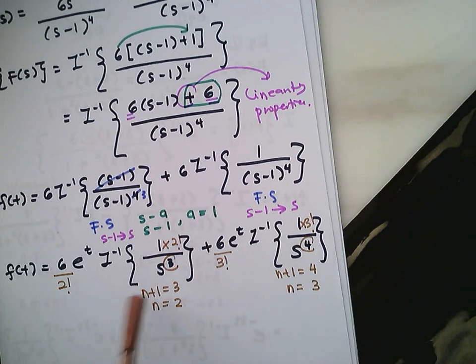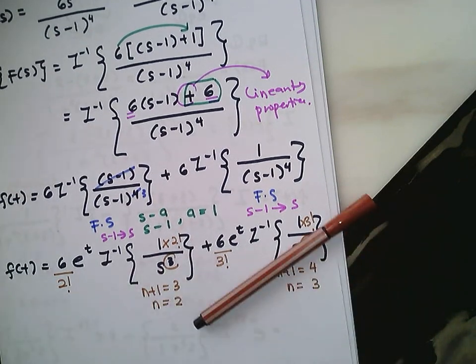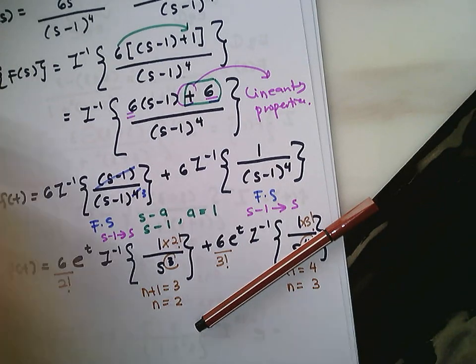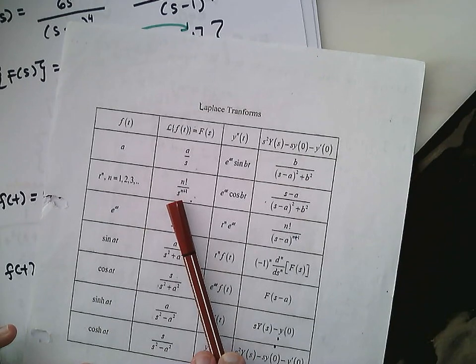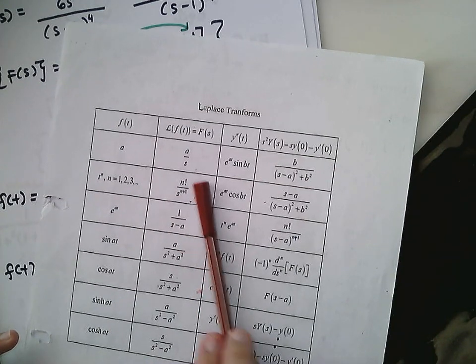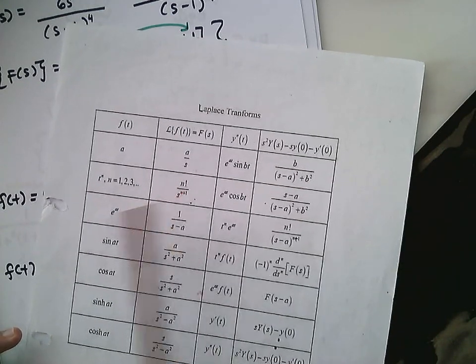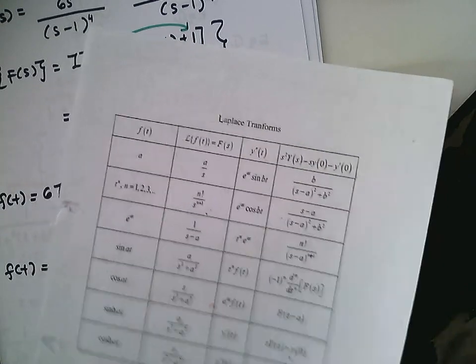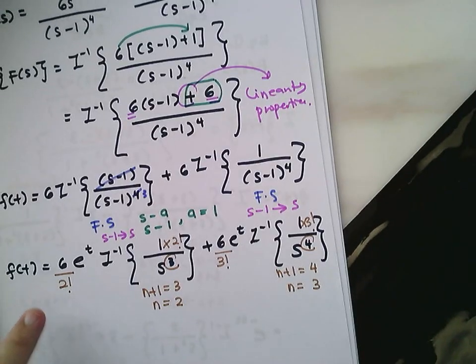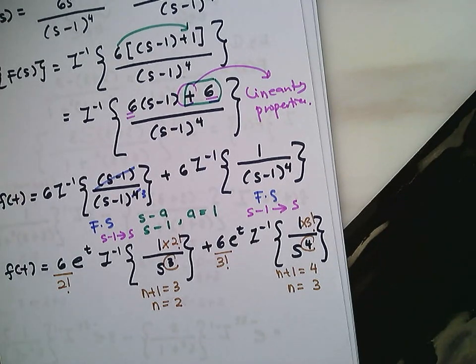Okay, so as for this case, why I need to multiply, because I'm using this one, n factorial over s^(n+1). So I have to make it in this form first, then only I can have t to the power of n.